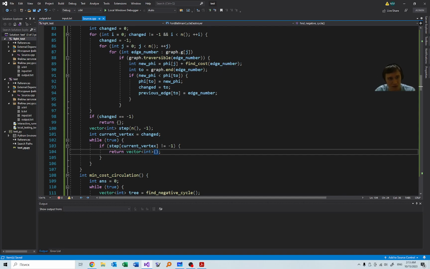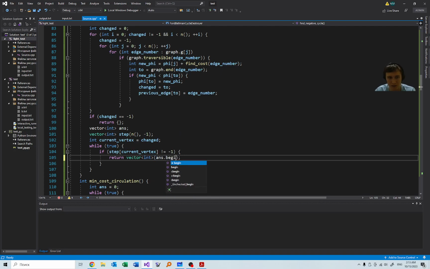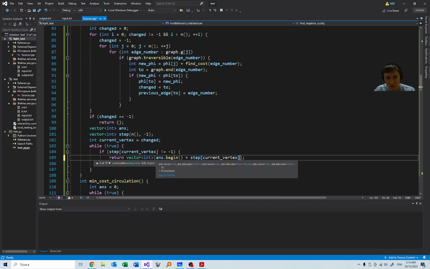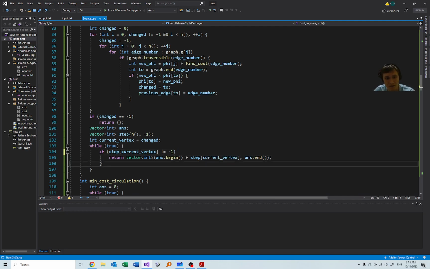The iterator ans.begin plus step of current vertex and ans.end. Great. This is if I have seen this vertex.